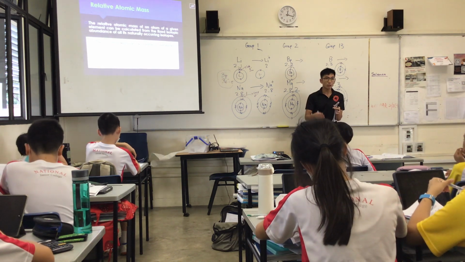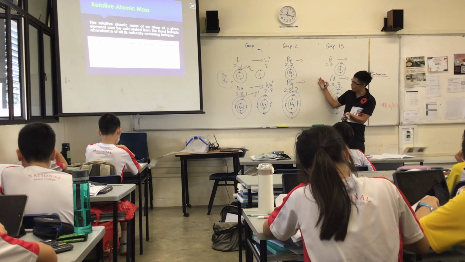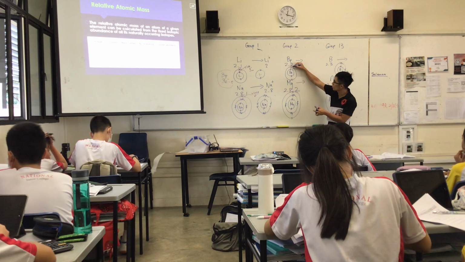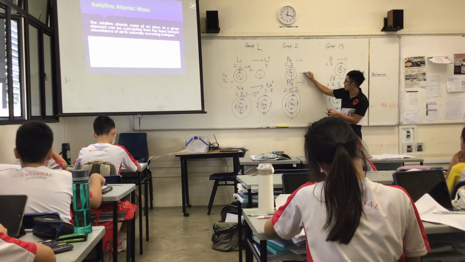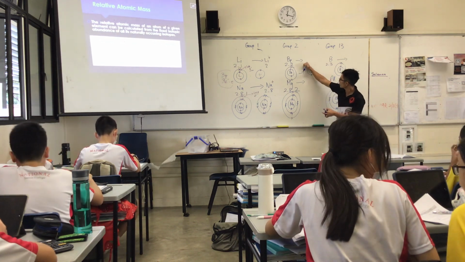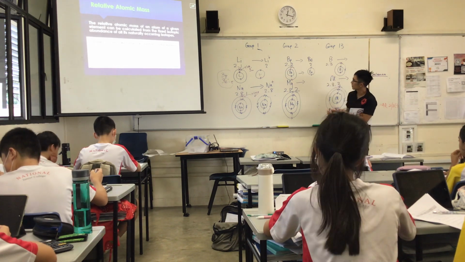Following? Okay, I'll show you a little bit more trend. Let's look at beryllium. Same for beryllium. It's much easier to lose 2 electrons than it is to gain 6 more electrons to fill up all the shells. So let's look at beryllium. If beryllium were to lose 2 electrons, you'll end up with a configuration like that, with a Be.